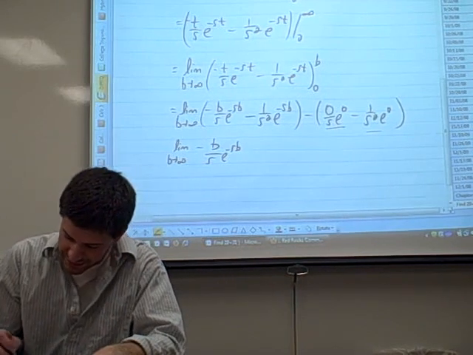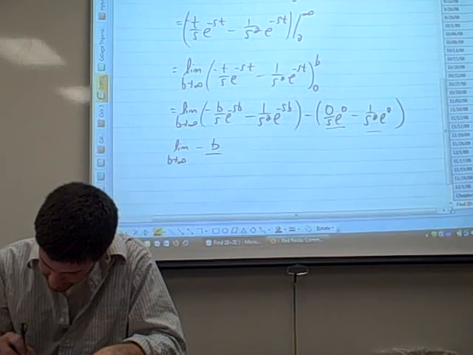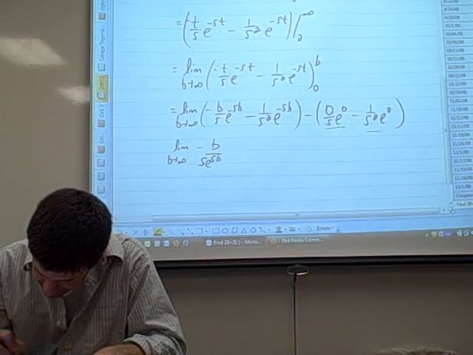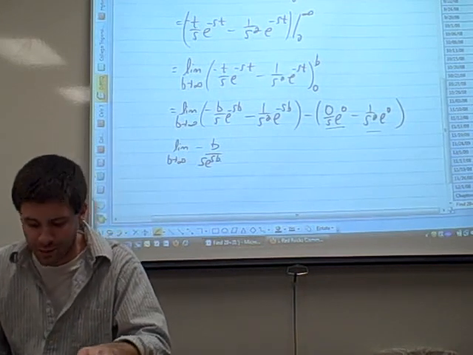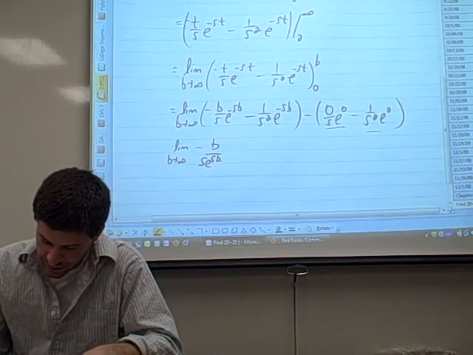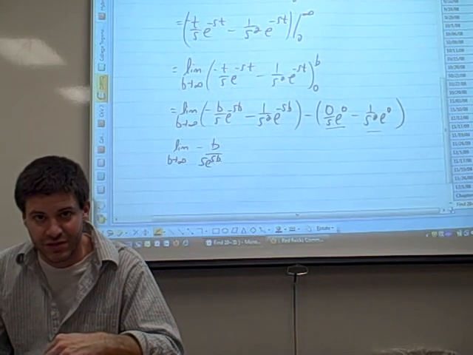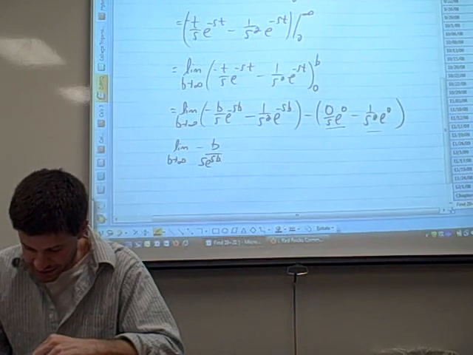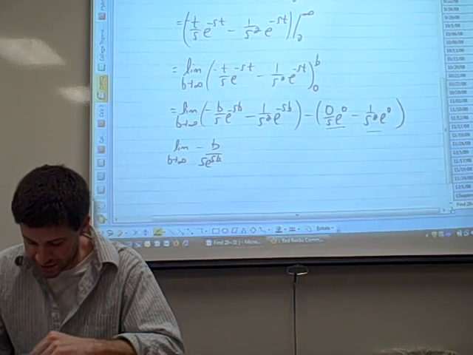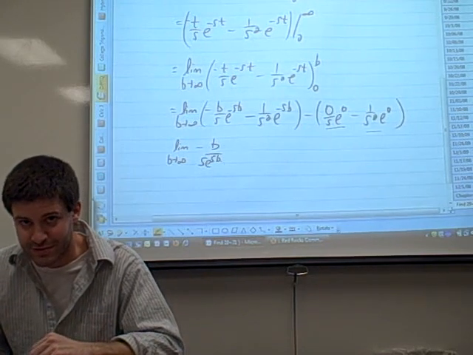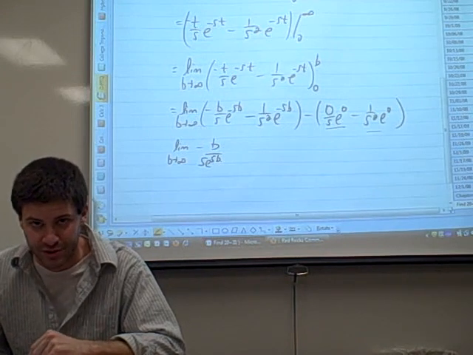One way to think about this is to write it out like this, with the e to the sb in the denominator. Now just looking at that, b is increasing. b is getting big very fast. The numerator is going to get big, but the denominator is going to get big even faster because it's an exponential function.